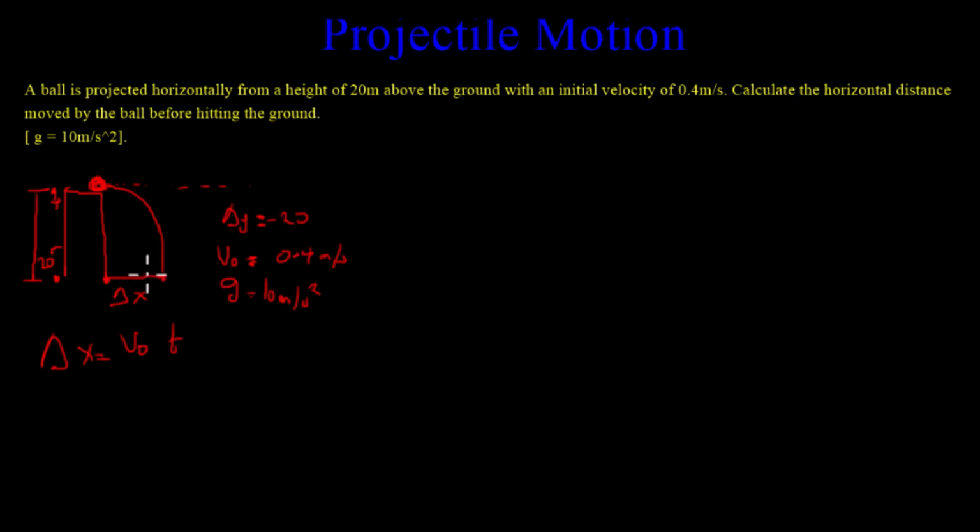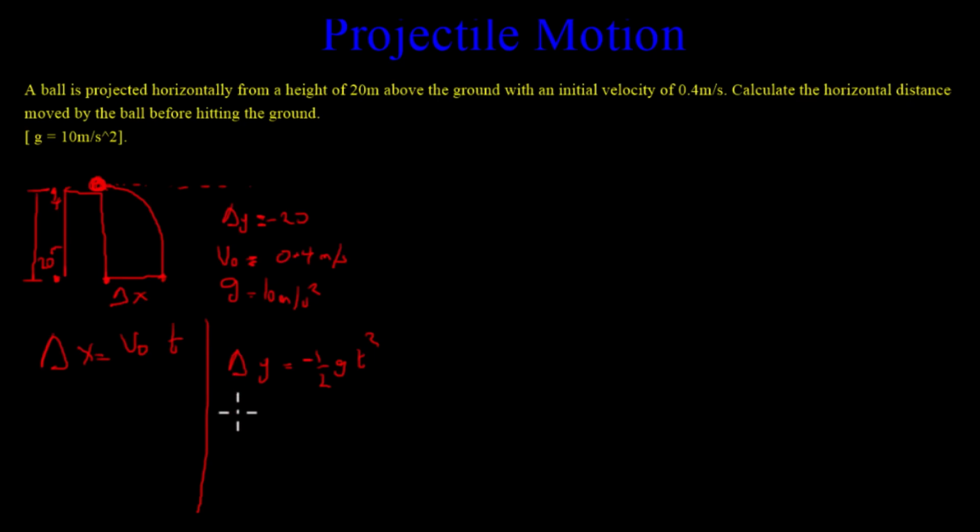That's why, when analyzing our formulas, we said the time is the same for both vertical and horizontal. So we can use the third equation that we used for vertical approaches: delta y will simply be equal to minus 1 over 2 g t squared. We use that to get t, then slot it in this side and get our delta x.